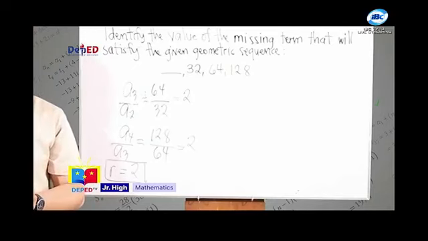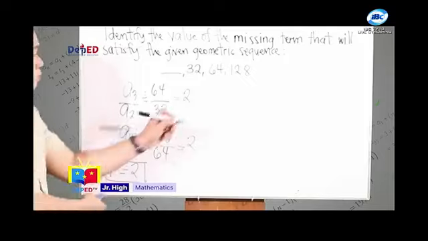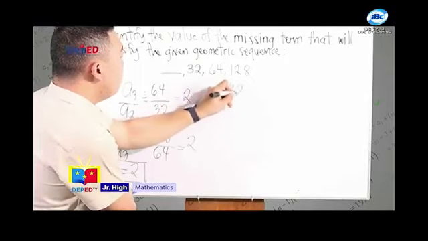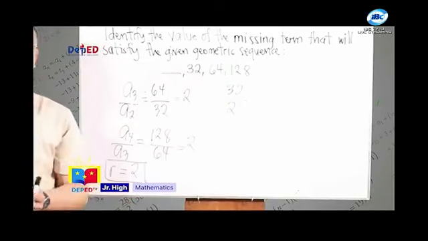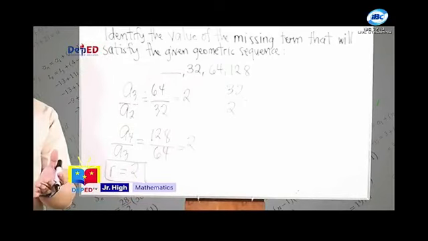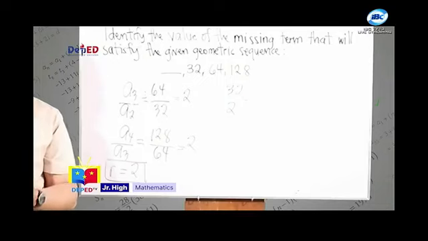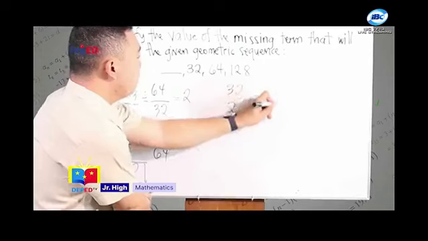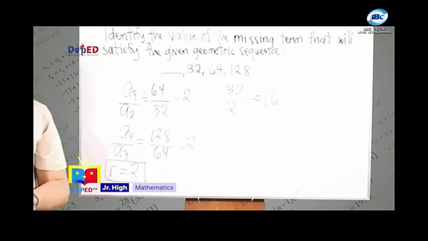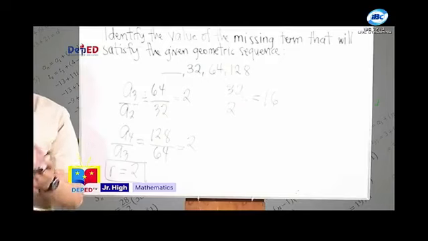Since we are looking for the unknown preceding term, instead of multiplying, we will divide the second term, 32, by the common ratio, 2, which is equal to, correct, that is equal to 16. Thus, our first term, or a sub 1 in the geometric sequence, is 16.